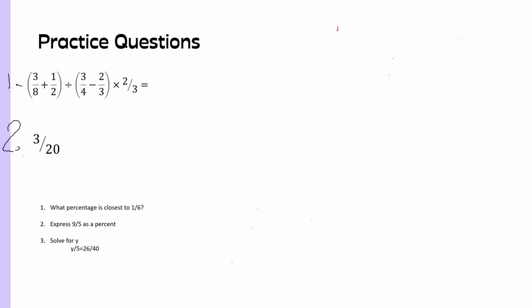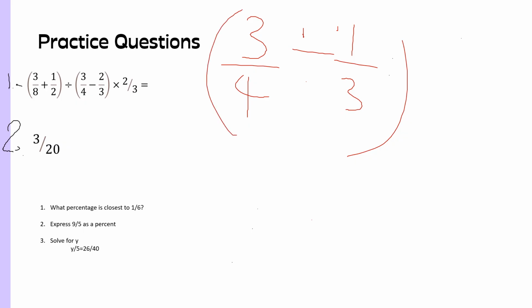How would you work this one now? 3 over 4 divided by 1 over 3, divided by 1 over 4.